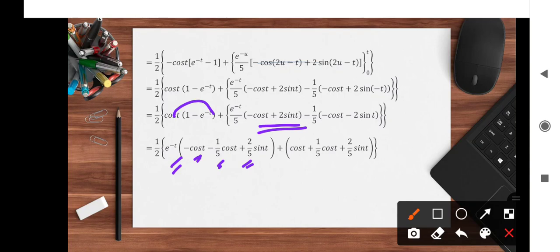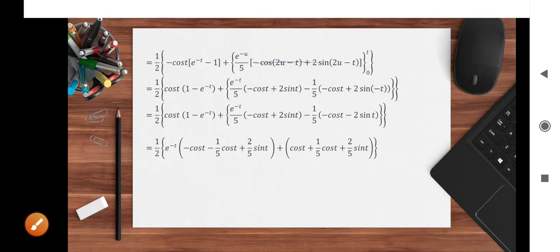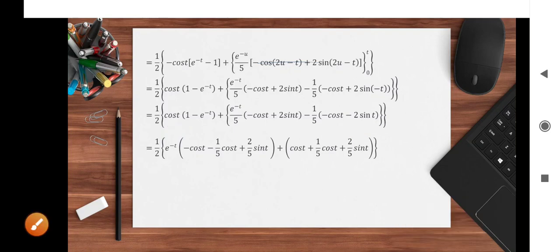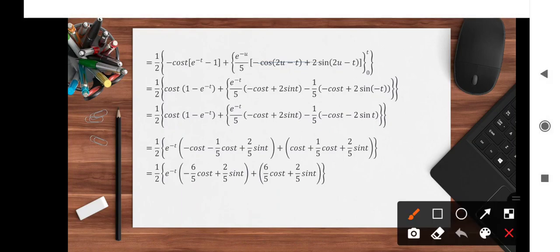And all the remaining terms without e raised to minus t, that is cos t into 1 cos t, and this complete term with simplification as 1 by 5 cos t plus 2 by 5 sin t. Now just simplify the terms. Minus cos t minus 1 by 5 cos t becomes minus 6 by 5 cos t, and here cos t plus 1 by 5 cos t becomes 6 by 5 cos t.